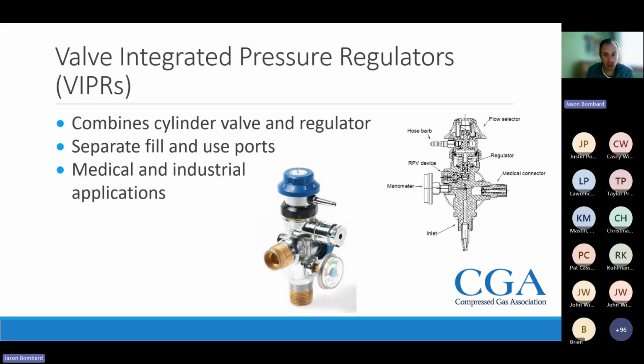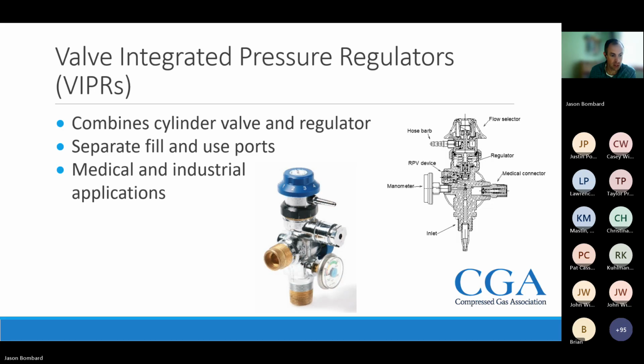Something else you'll hear in the industry is about a Viper, or a valve integrated pressure regulator. These are fancy valves that combine all the best attributes of a cylinder valve and a regulator into one piece. These have separate fill and use ports.